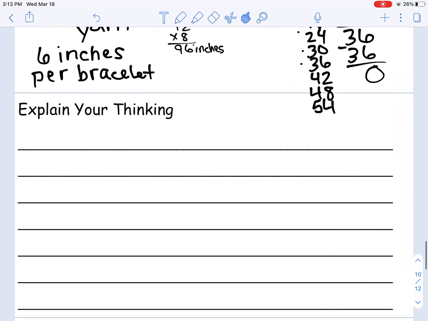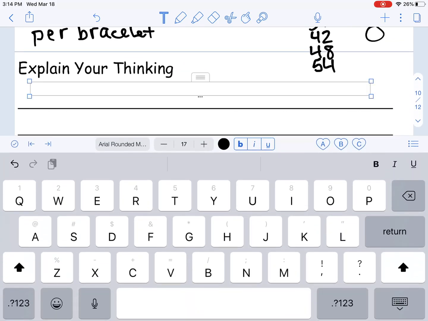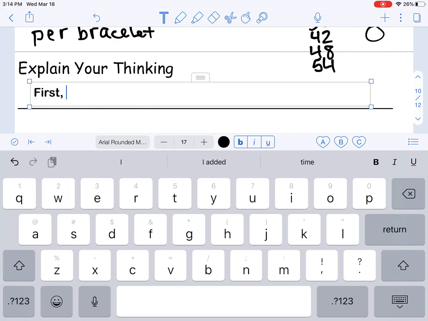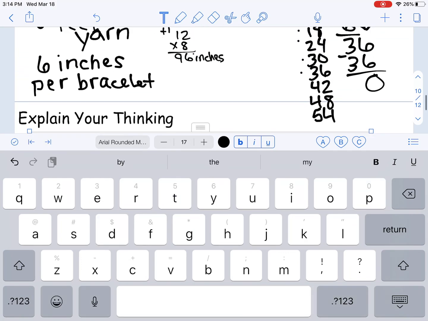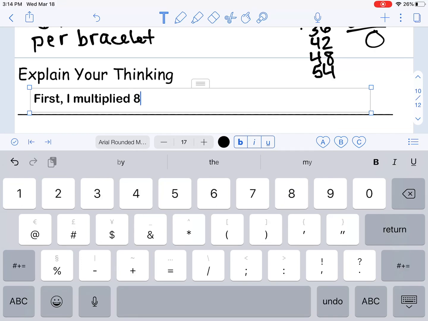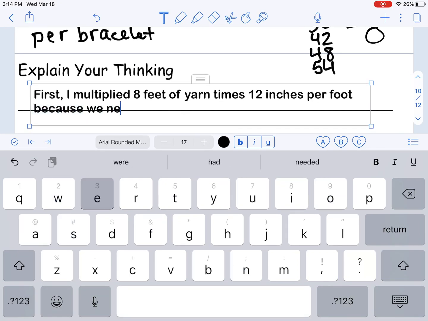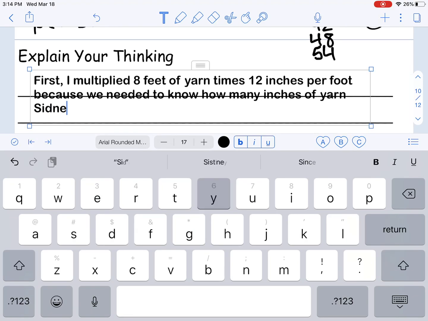Now for our explanation. Two-stepper, so we're going to have to use some of those transition words that we've learned about. First, and we always put a comma after our transition words, I multiplied, double check my numbers, 8 feet of yarn times 12 inches per foot. And we did that because we needed to know how many inches of yarn Sydney had.